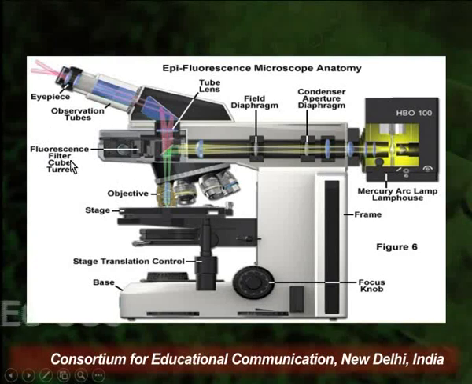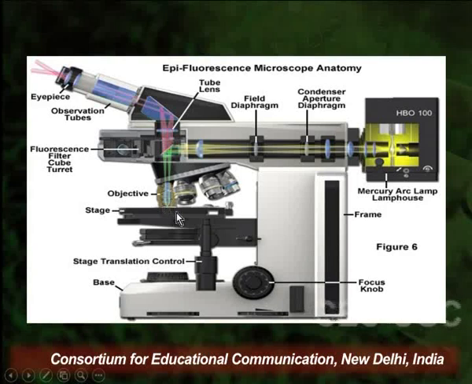Now in this tube lens there is a fluorescence filter cube fitted. The fluorescence filter cube is comprised of very specific optical devices. This enables the filtering out of unwanted light of different wavelengths, and then this light is passed through the objective, and on the stage there is a specimen, which is colored with a fluorophore.